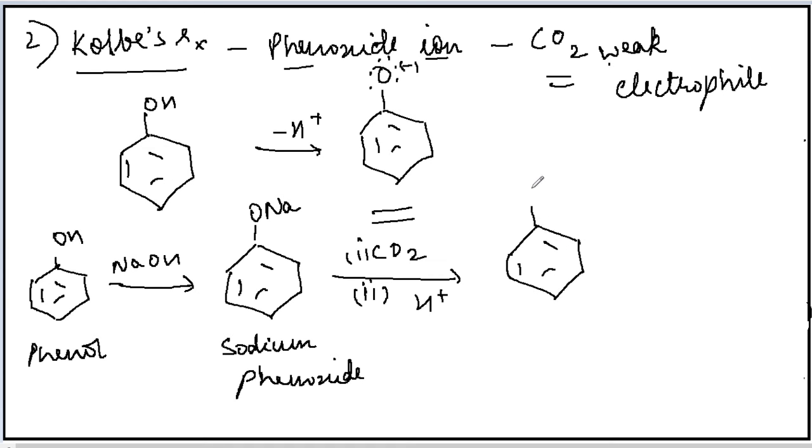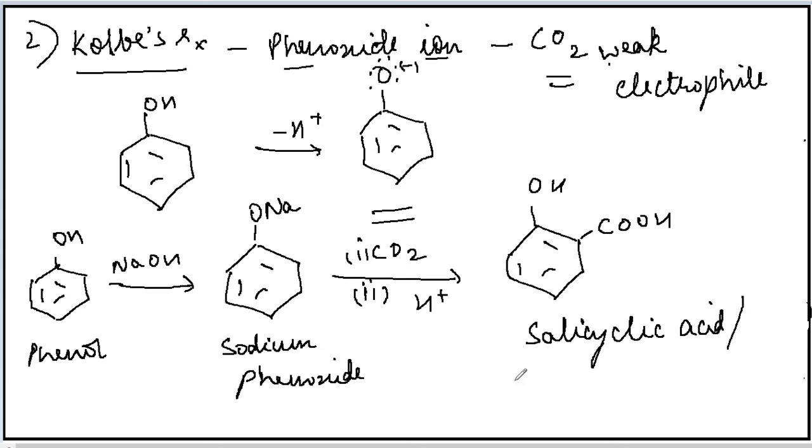The electrophile will come at the ortho position. The final product is this, that is you get salicylic acid, also called 2-hydroxybenzoic acid. 2-hydroxybenzoic acid means this is carbon 1, this is 2, the second position is having a hydroxyl group.